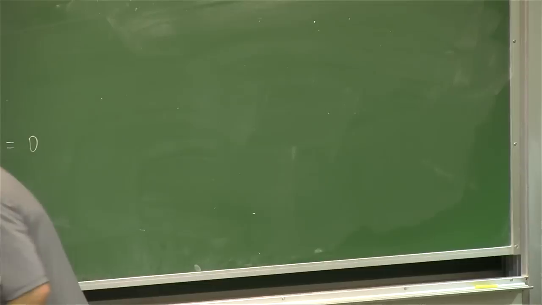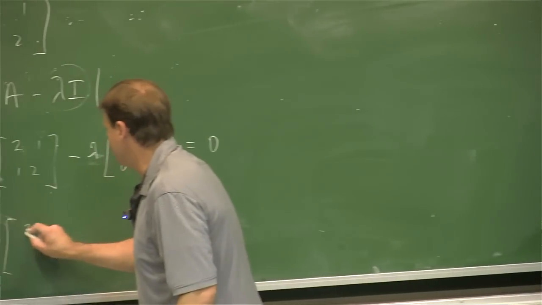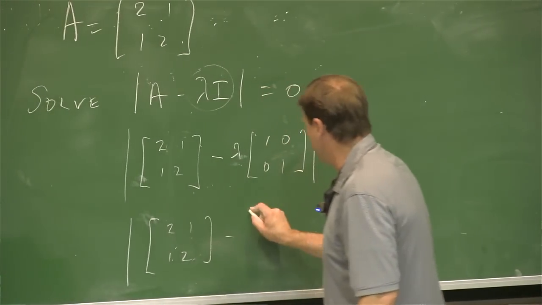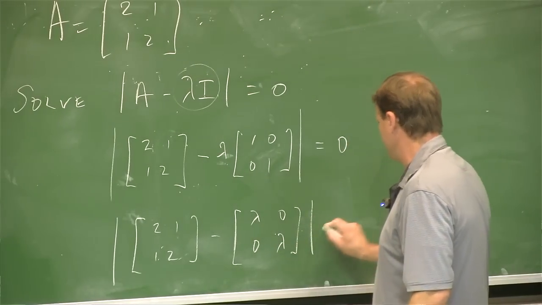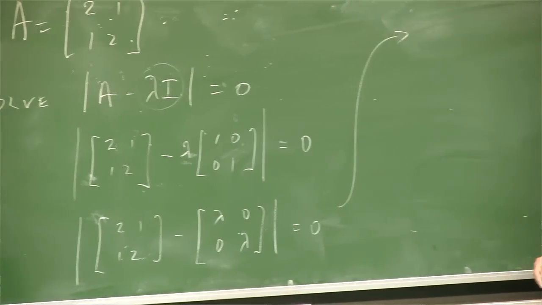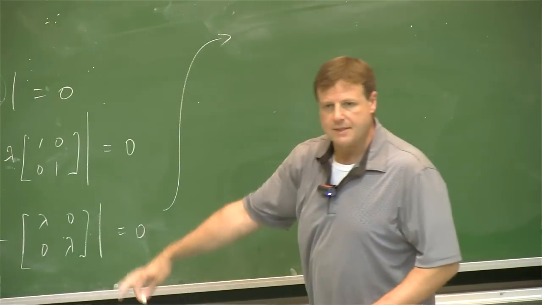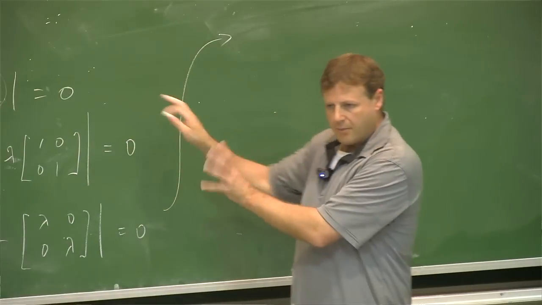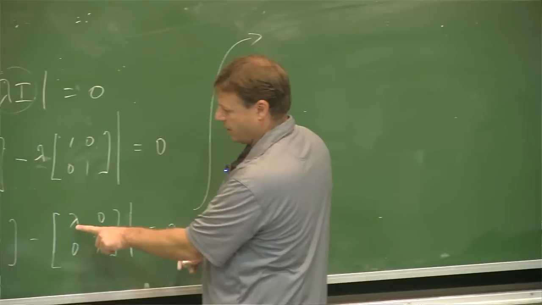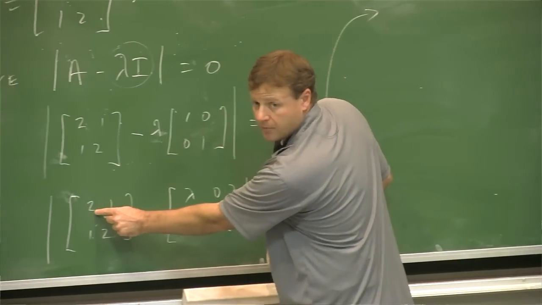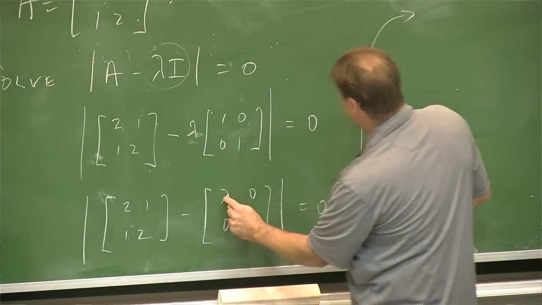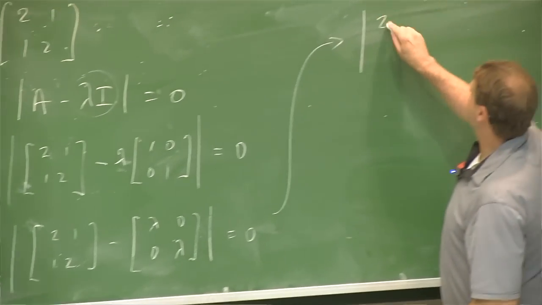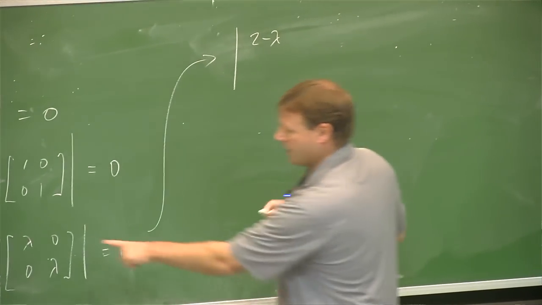Okay, let's do a couple steps here. So this is the same as [2, 1; 1, 2] minus lambda [1, 0; 0, 1], that is, lambda on the diagonal. Now, you don't have to write out all these steps. The first time through, I'm going to write them all out. But eventually, what you realize is all you're doing is subtracting lambda from the diagonal elements. When I subtract this, I get 2 minus lambda in the upper left-hand corner.